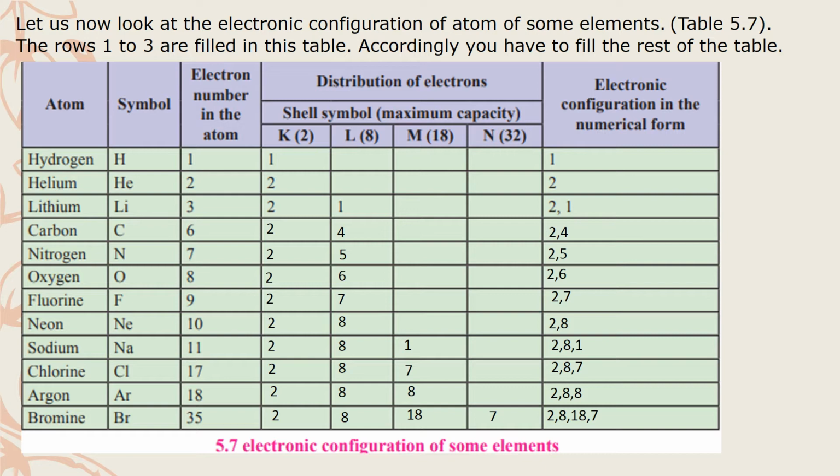Electron number in the atom will be 35. The K shell contains 2 electrons, the L shell contains 8 electrons, the M shell contains 18 electrons, and the N shell contains 7 electrons. So electronic configuration will be 2, 8, 18, 7. So this will be the electronic configuration of some elements.